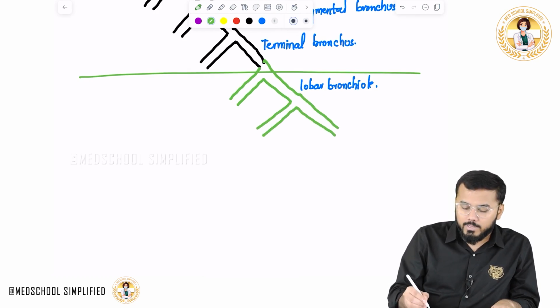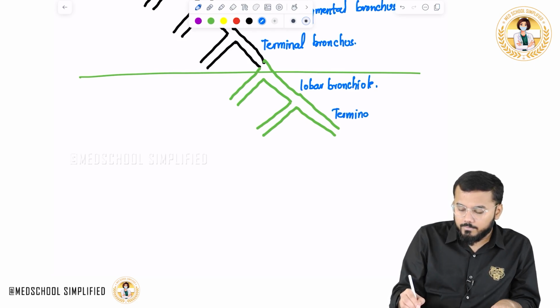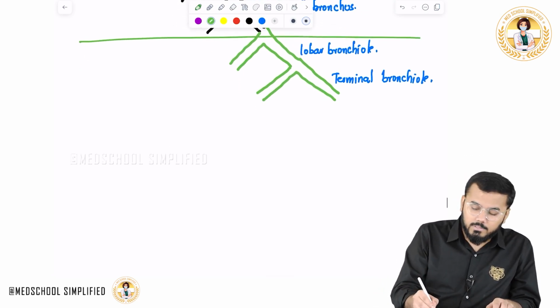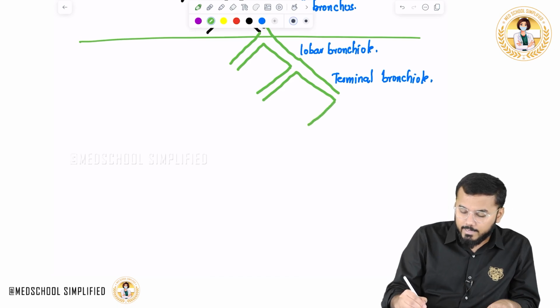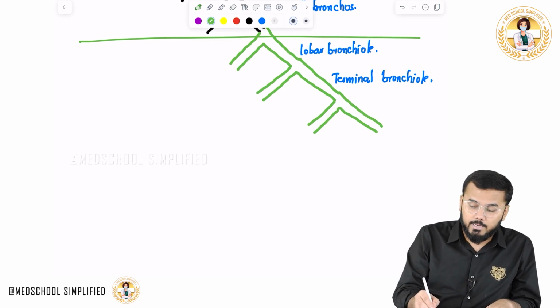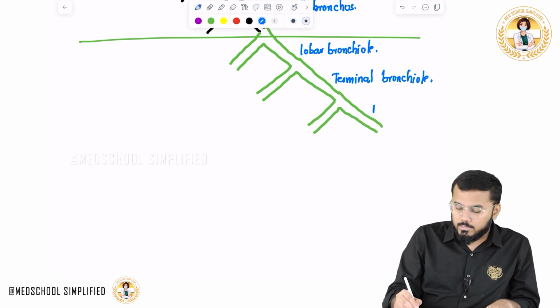So this part over here is called your terminal bronchiole. And finally, what do we have, guys? This terminal bronchiole finally divides into the last part. This is called a respiratory bronchiole.